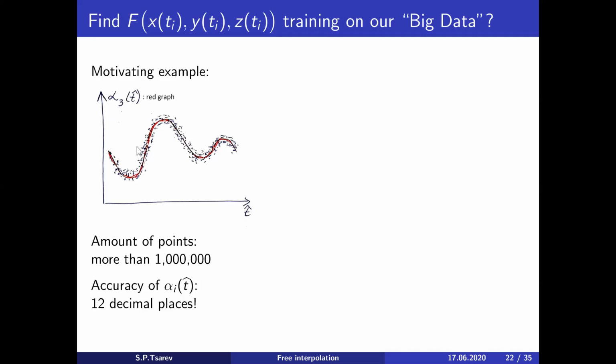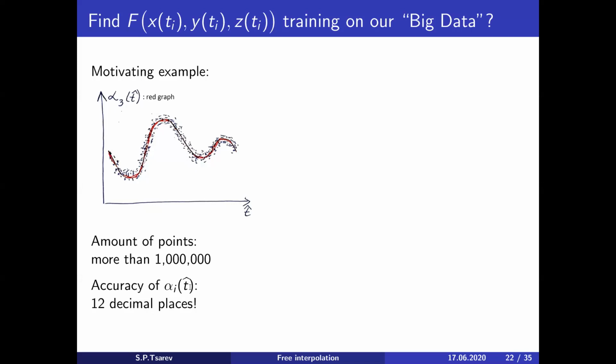We had a number of points from our training set of satellite trajectories we had after solving ODE, right? Number of points is about 1 million. In our experiment, we had about 1 million possible points. And after that, from this 1 million points, we took, using the least squares approach, the best red smooth line. It turned out to be smooth automatically, using this very simple methodology. And the accuracy of such a result is very good. 15 decimal digits will be the precision of our function alpha I of t bar.